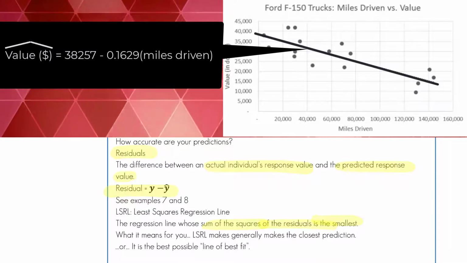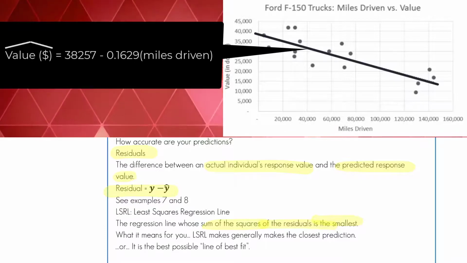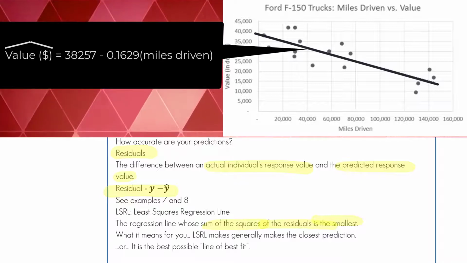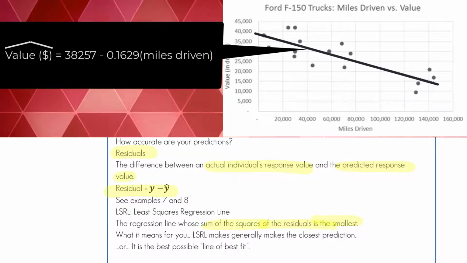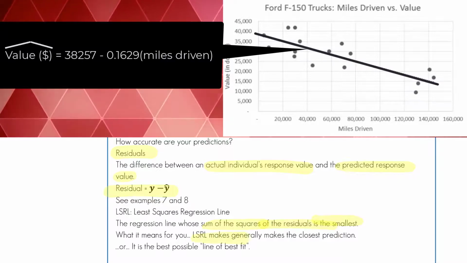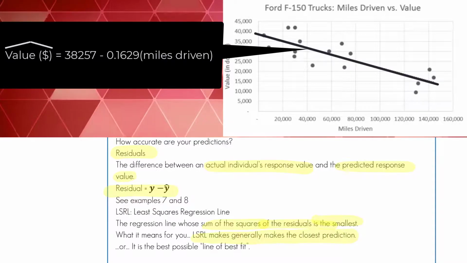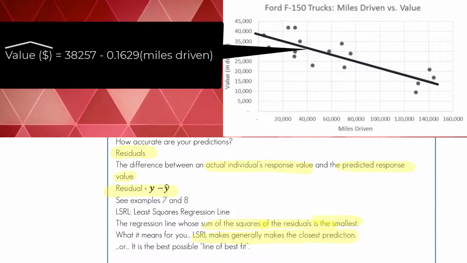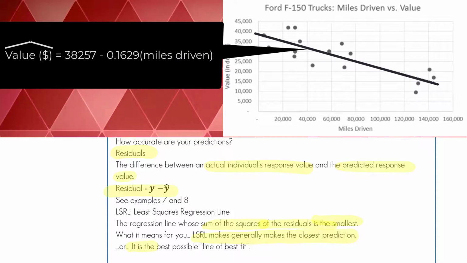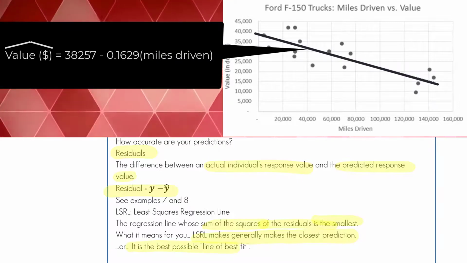Again, what does that actually mean for you? It means that this line is producing the line that will have the smallest residual values in total. Basically, the LSRL is in general going to make the closest prediction for your response variable. Or, very simply, it is the best possible line of best fit.